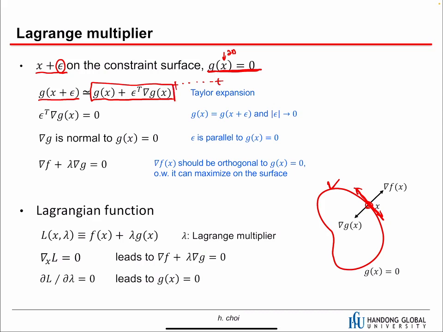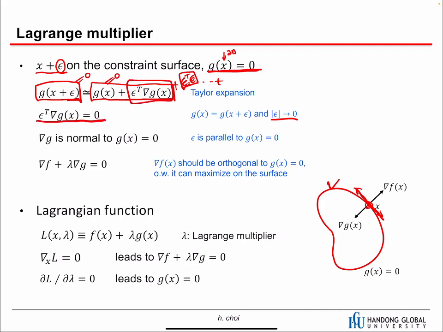The third term is based on epsilon transpose epsilon, and epsilon is supposed to be quite small, so epsilon transpose epsilon approaches 0. Since epsilon is on this surface, g of x plus epsilon is 0 and g of x is also 0, so this term should be 0.